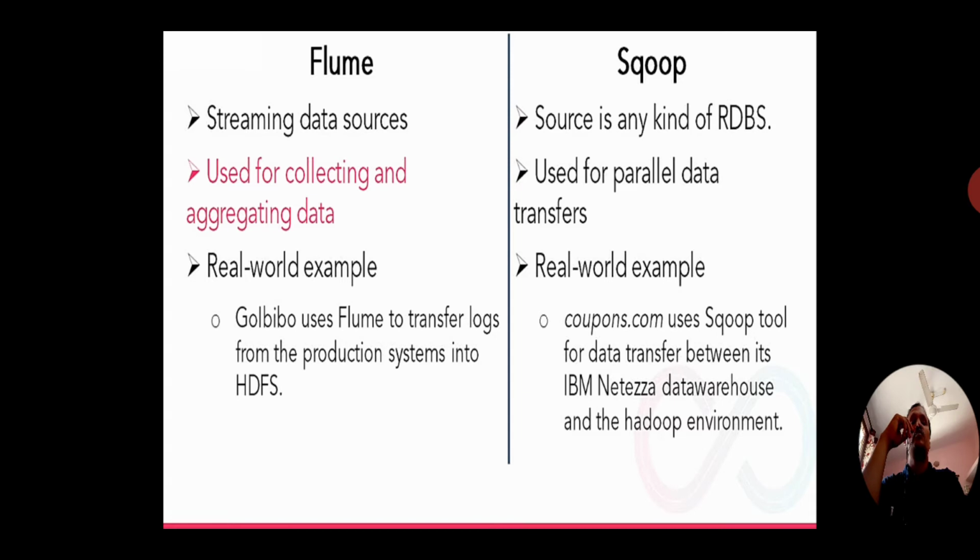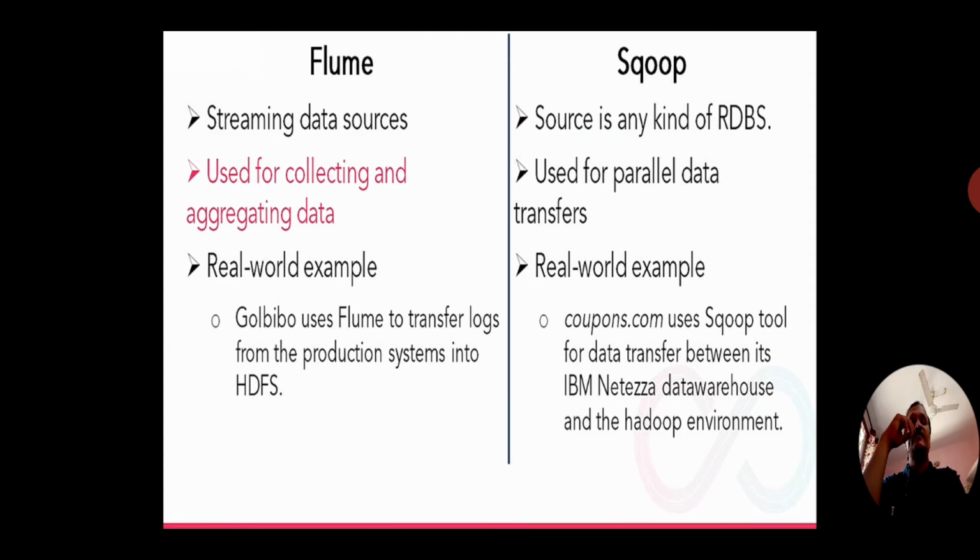Most organizations and online businesses have their own RDBMS, so whatever the transactions and day-to-day activities are stored in the RDBMS. If you want to analyze that organization data for a particular purpose, then using Sqoop you can transfer the RDBMS data into the HDFS file system. After transferring there, using the Hadoop tool, we analyze the data using some mining techniques and generate the knowledge. From the knowledge, decisions can be taken.